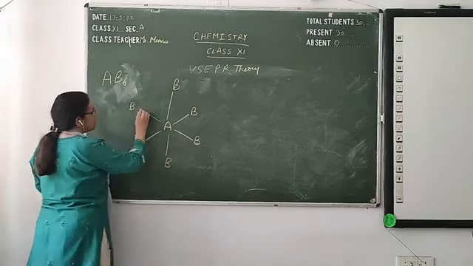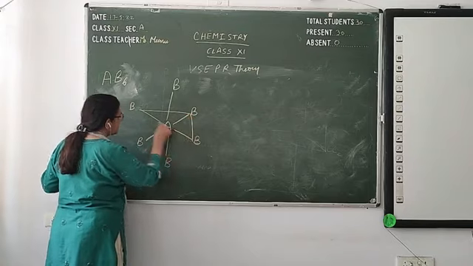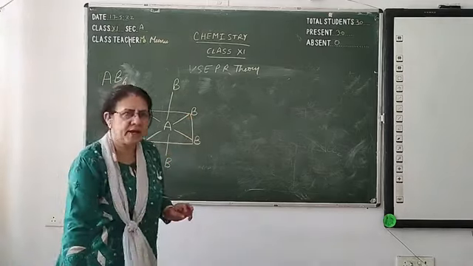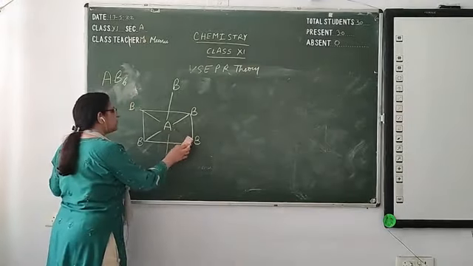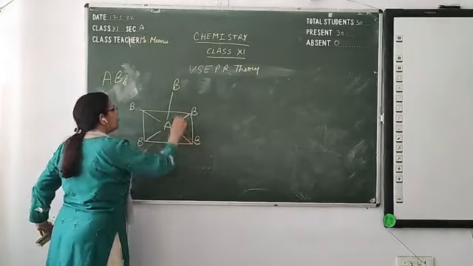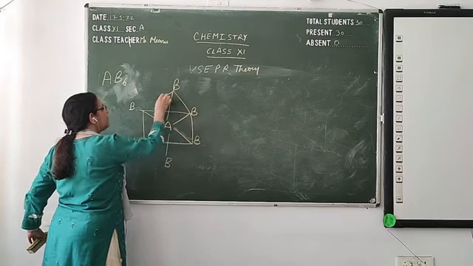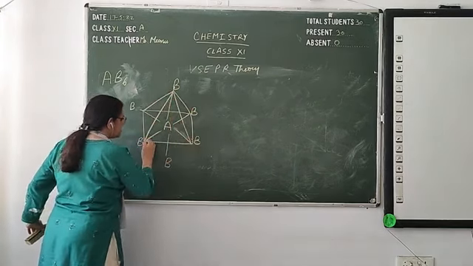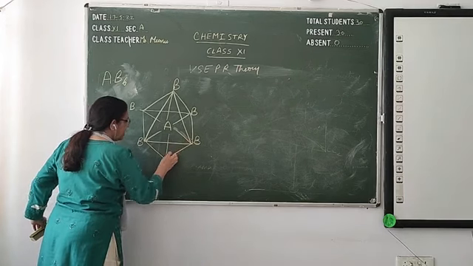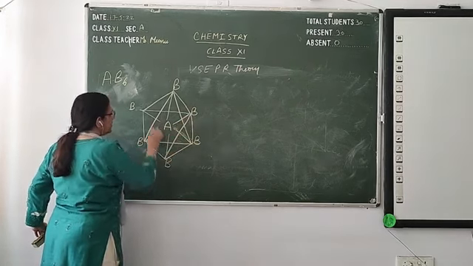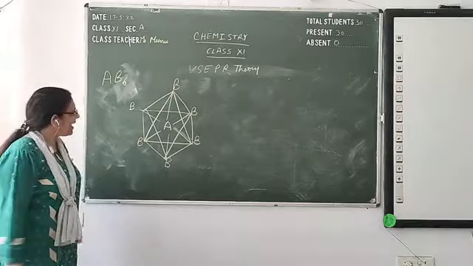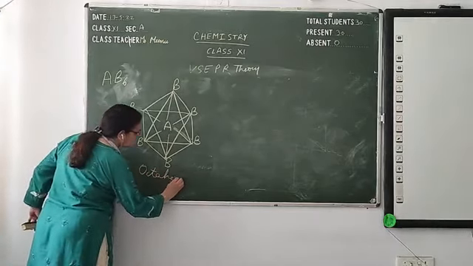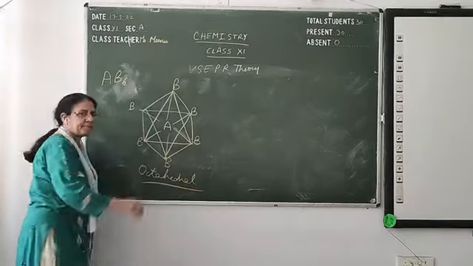You can see now this is the shape of almost like a square. This is the shape of the square and one B atom above and another B atom below, and this is called as the octahedral shape.